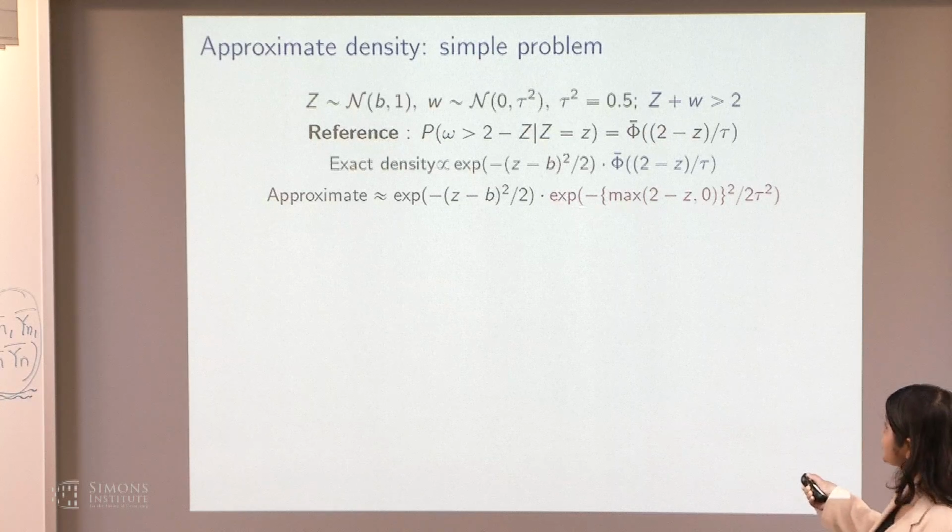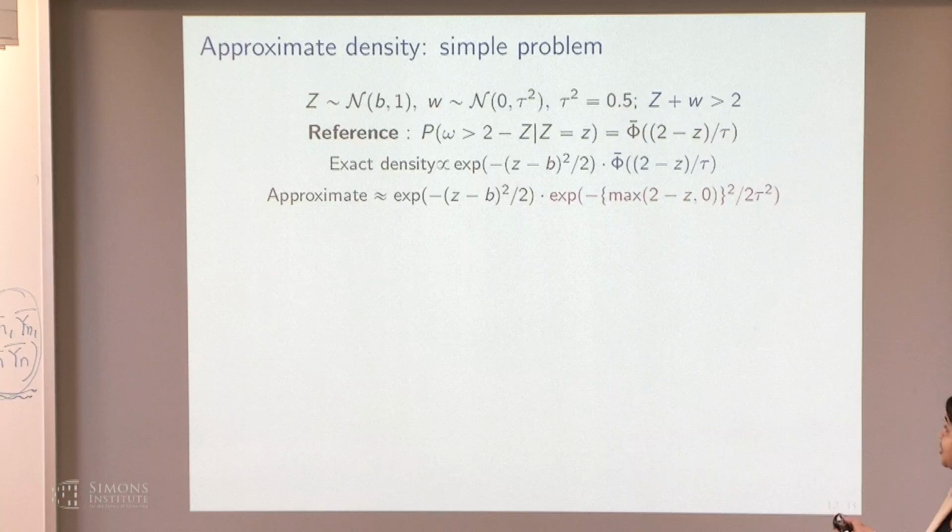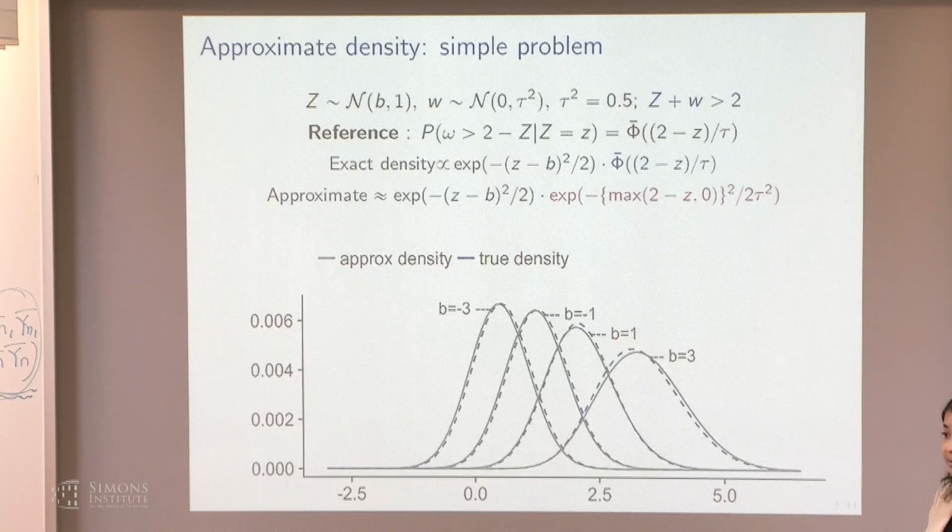And this is my approximation that I actually use, just to give you a demonstration of how good the approximation behaves in comparison to the exact law. So this plot plots the approximate laws, which are in green, and the true density, which are the dotted blue lines. And these are for different parameter values. And you see that the approximation actually does a very good job in mimicking the true or the exact reference measure.